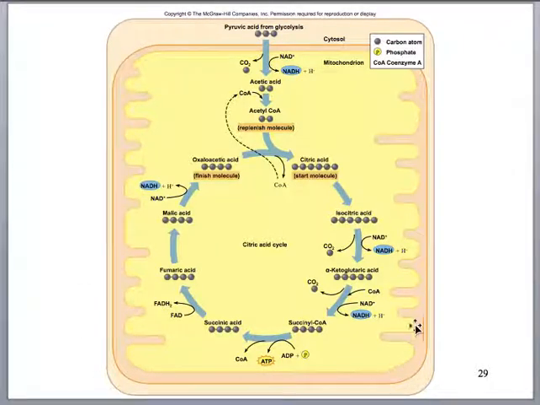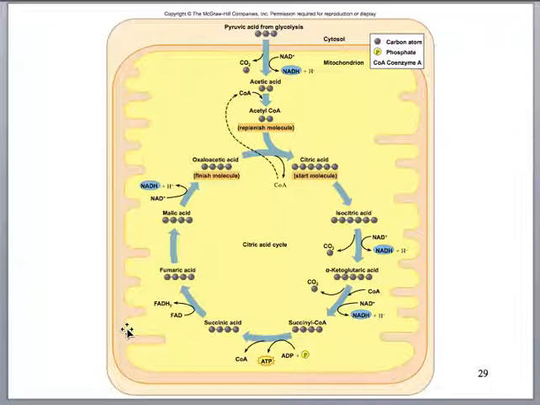So the point of the citric acid cycle, which takes place in the matrix of the mitochondria, is to generate a lot of these high energy electron carriers that can then enter into the electron transport chain, which is embedded into the inner membrane of the mitochondria, and that is where we get the bulk of ATP synthesis. So what have we made so far?